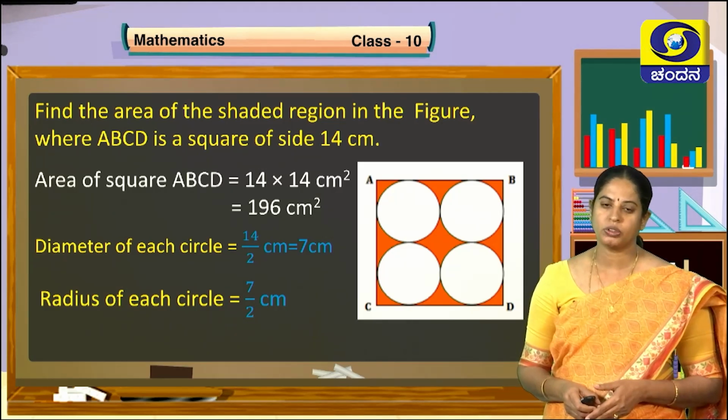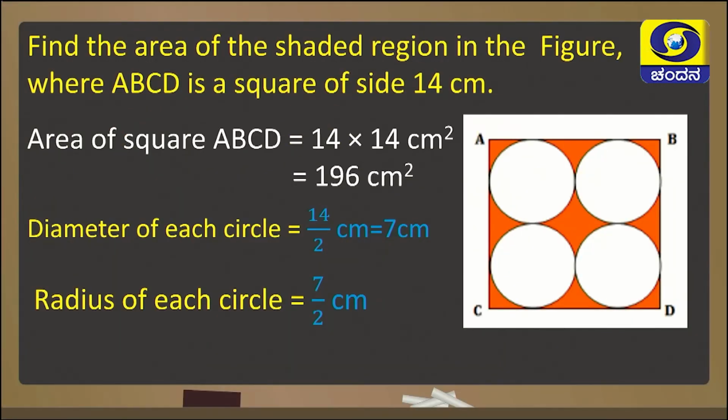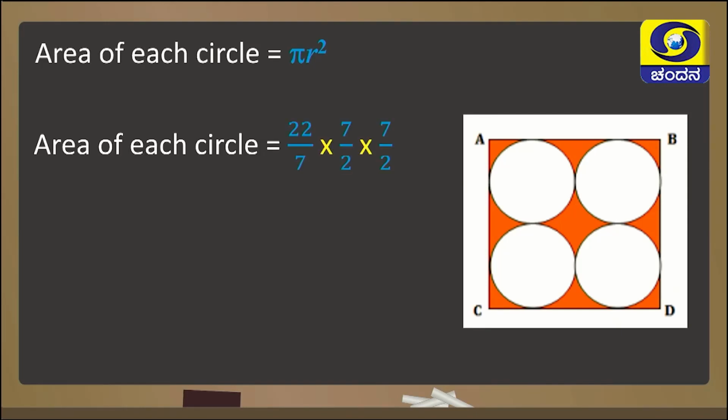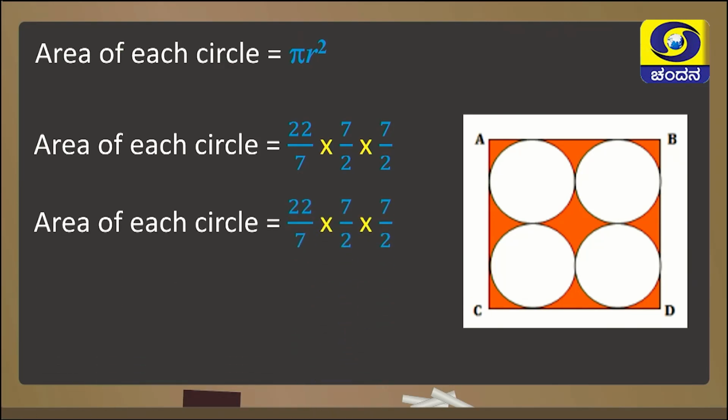If we substitute the radius of the circle in the area formula, we can easily find the area of the circle. So, what is the area of each circle? It is pi r square. Substitute the values, children. The value of pi is 22 by 7, whereas r square is 7 by 2 into 7 by 2. Simplify.